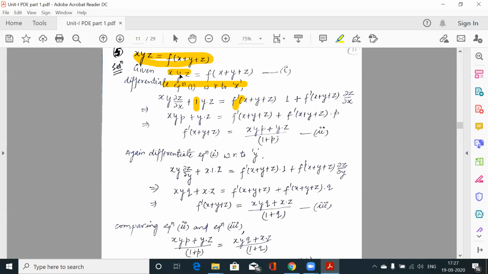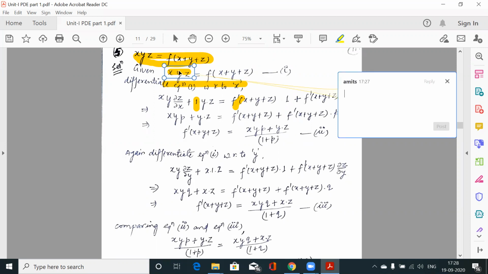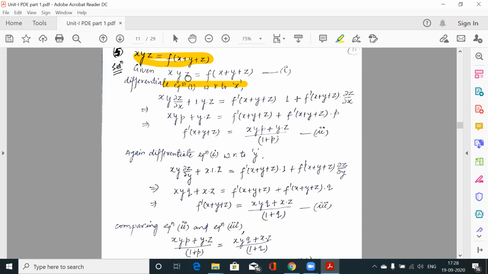So we know y is independent, so the differentiation of y is 0, but x and z, because z is a dependent variable and depends on x, so when we differentiate with respect to x, z will also be differentiated. This is a product of two functions, z which is a function of x, and x.